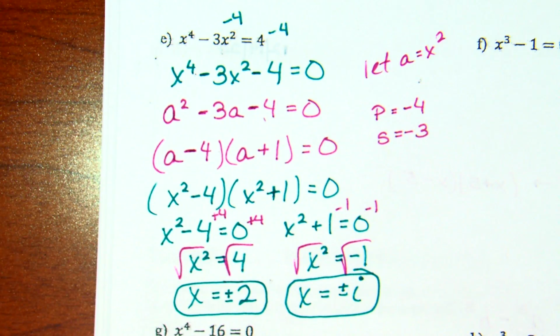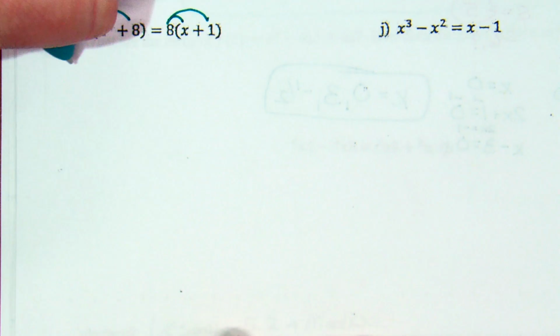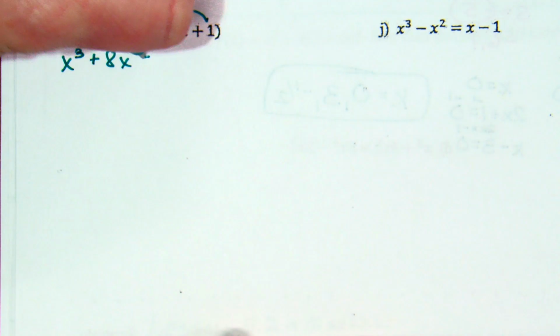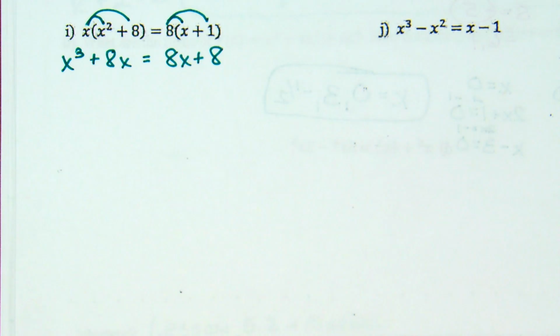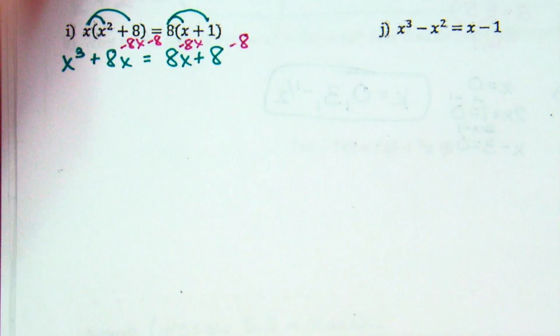So distributing, this becomes x to the third plus 8x equals 8x plus 8. And then if I'm going to make it equal to 0, we want to subtract 8x and subtract 8. Then I'm going to have x cubed minus 8 equals 0.